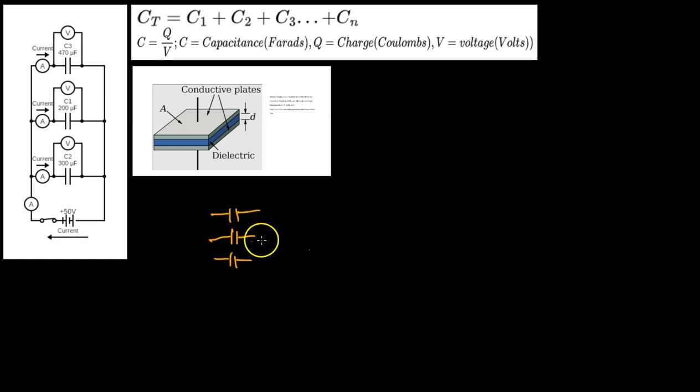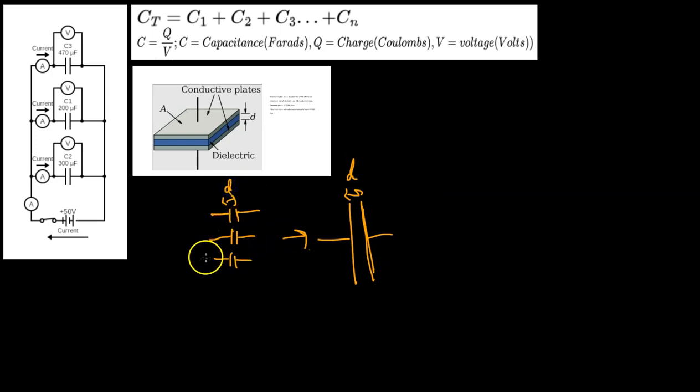What you can think of is that this forms an equivalent capacitor that looks something like this. That's the equivalent capacitor. So notice how the distance D hasn't changed compared to when there were 3 individual capacitors.